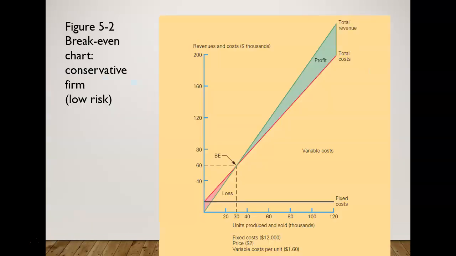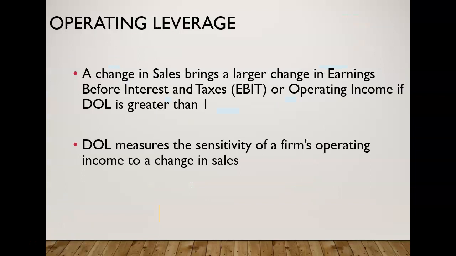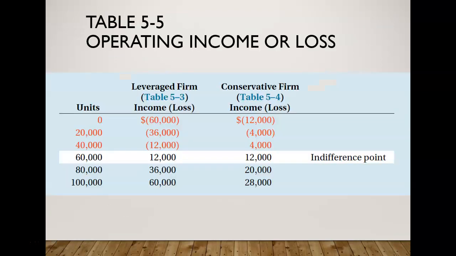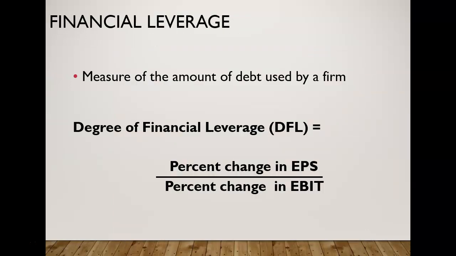So now we are seeing where that comes in when we look at our degree of financial leverage: percentage change in earnings per share divided by percentage change in earnings before interest and taxes.